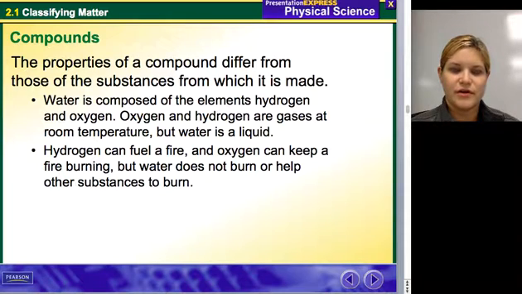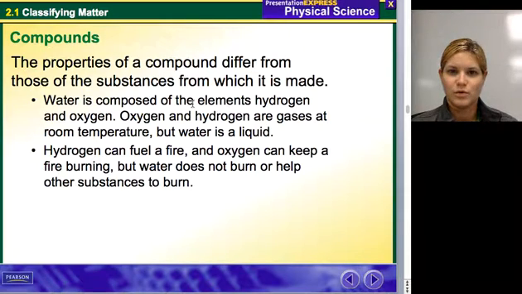One other thing that we want to know about compounds is that when you combine those elements, when they actually get bonded together, that compound has different physical properties and different chemical properties as well from the substances that they were made from. So when we talk about water, the element hydrogen is used to actually start fires.